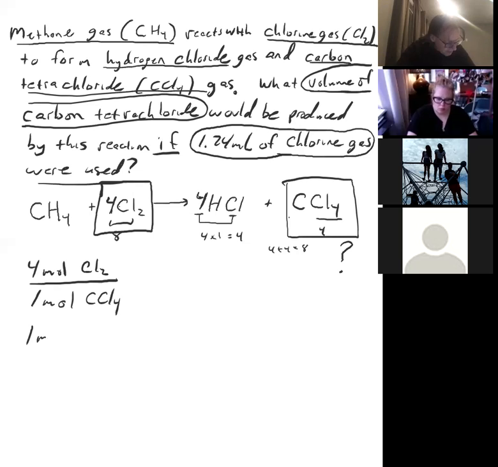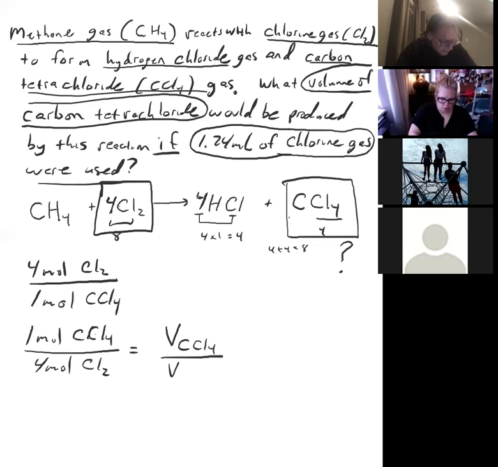You could put this one on top. Either one will work. And so this has got to be equal to the volume of the carbon tetrachloride divided by the volume of the chlorine.